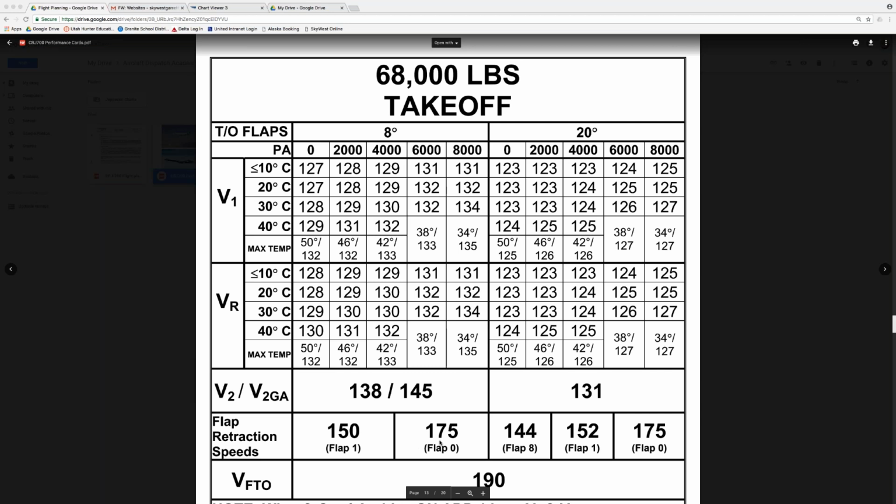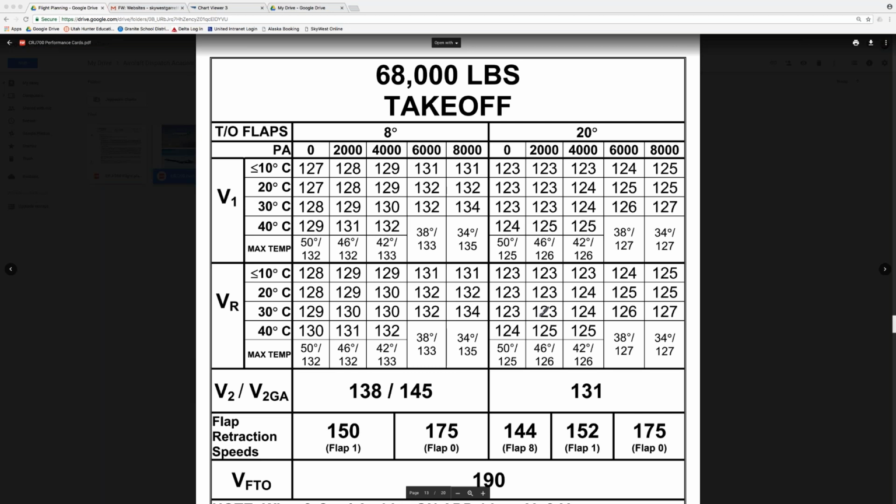So when you're going down the runway, if you're using flaps 20, you're going to be able to lift off of the ground earlier than you would with flaps 8. However, because you're lifting off the ground earlier, your actual takeoff weight becomes lower.